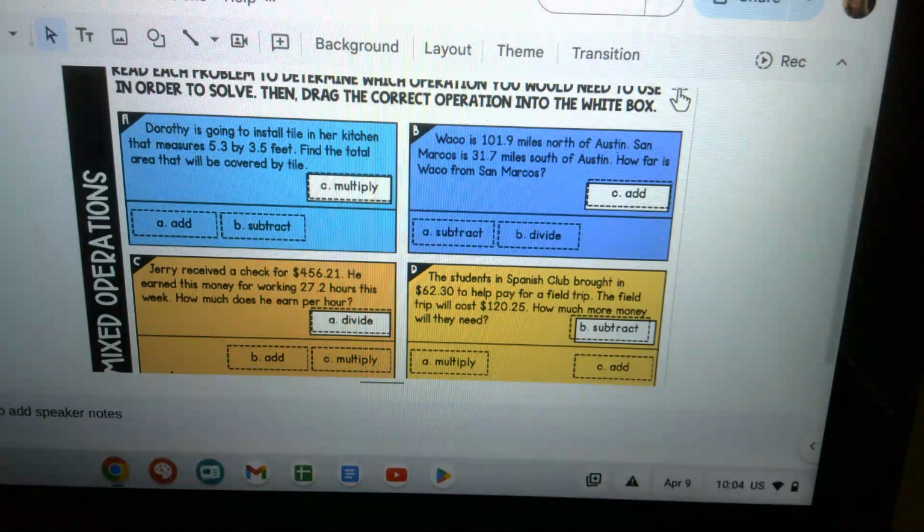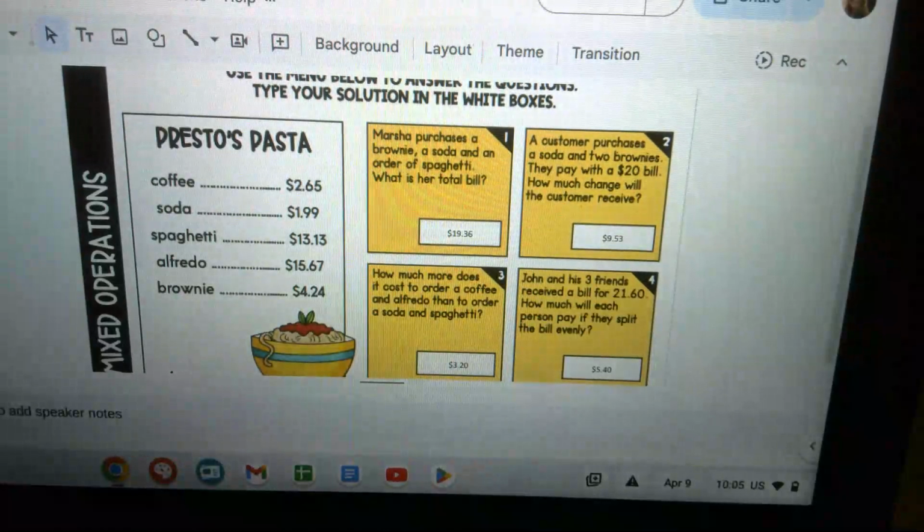The field trip will cost $120.25. How much more money will they need? Well, to figure that answer out, you're going to subtract to get that answer. Any questions?